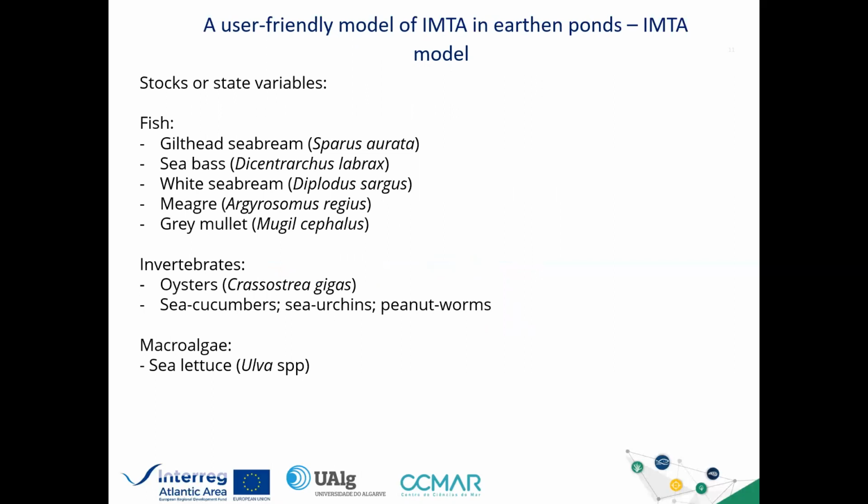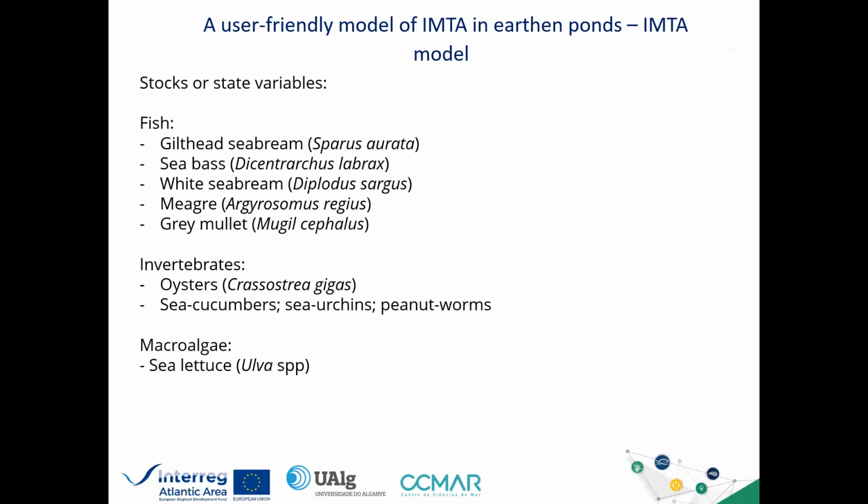So our stocks or state variables are these different species of fish that I already told, the oysters, sea cucumbers, and so on, and the macroalgae. And I didn't put it here, but of course, since it is an earthen pond, and it is an ecosystem, in fact, we need to include also the phytoplankton.